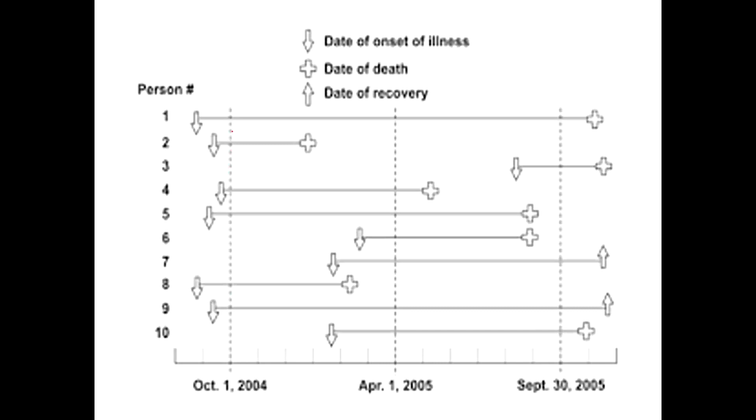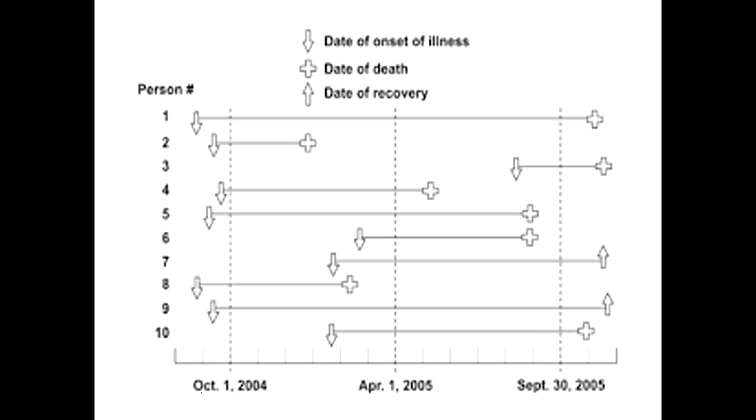So all the cases which are currently present at this point in time will show the point prevalence of October 1, 2004. It means case number 1, case number 2, case number 4, case 5, case 8, and case 9 are basically indicating the point prevalence on October 1, 2004.